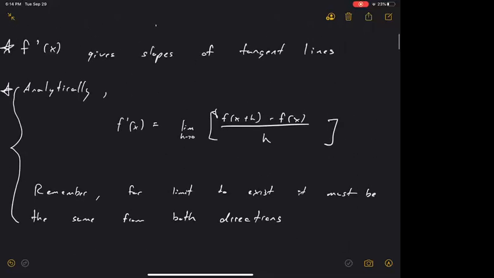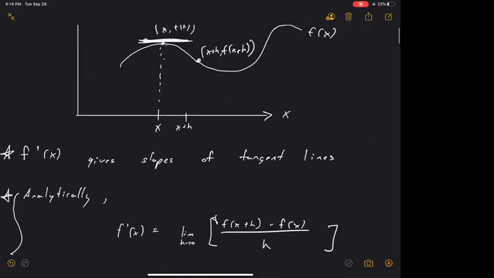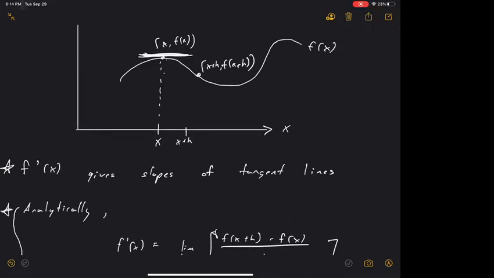Now remember, one important thing is this limit has to be the same from both directions. If the x plus h's are to the right of my x, and I take that limit going closer to x, that gives me one limit. And then if I take the limit of x minus h going to x, maybe that gives me another limit.